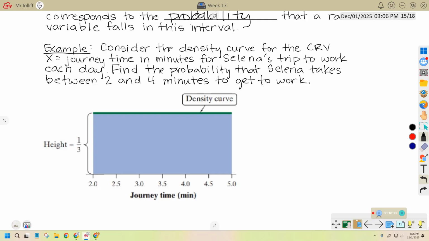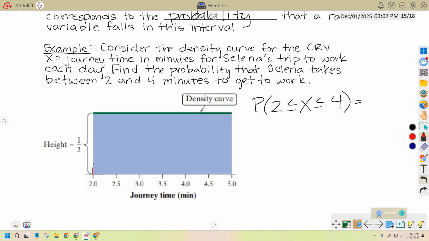So we want to find the probability that our random variable is between 2 and 4 minutes. And when I'm working with density curves, it is good practice to mark up the density curve with the relevant information from the problem. So we were told that we are looking for the probability between 2 and 4 minutes.